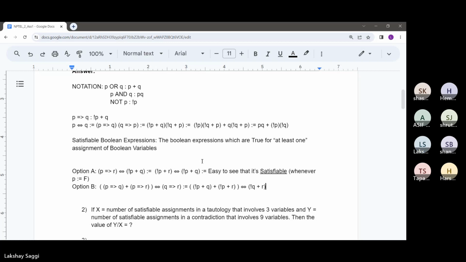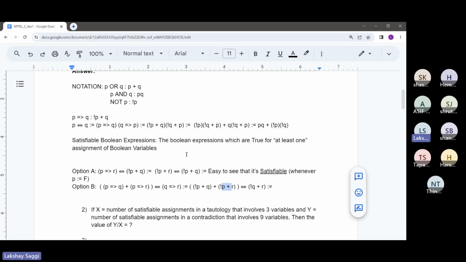So this is nothing but not P or Q, and the whole of this OR'd with not P or R. Plus corresponds to OR only, as I mentioned in the notation. The OR operator is an associative operator.